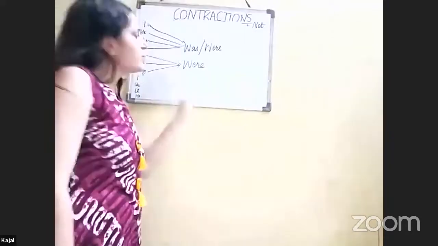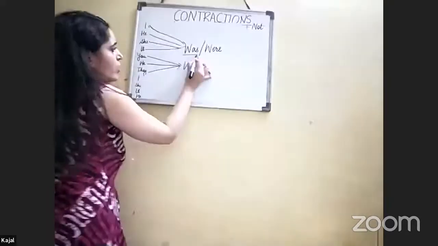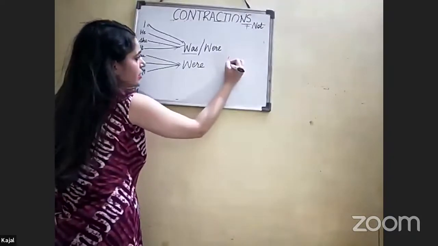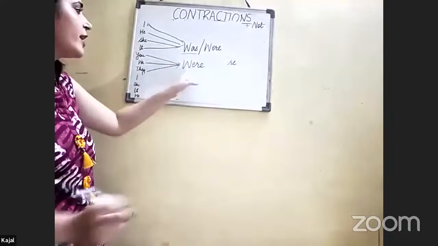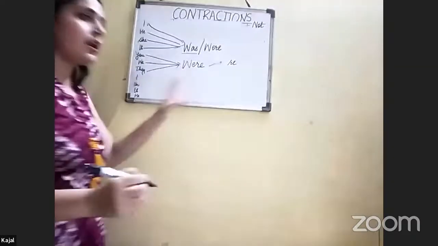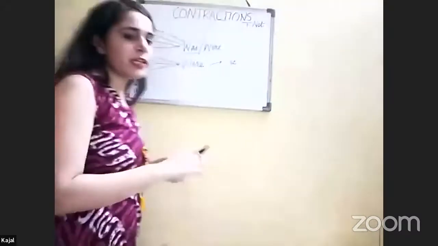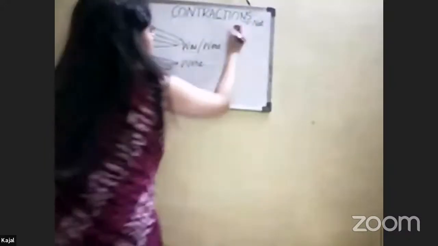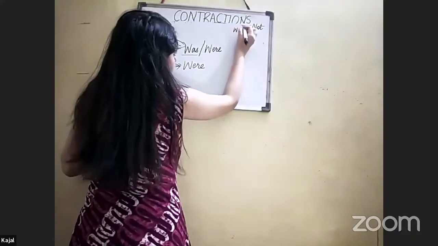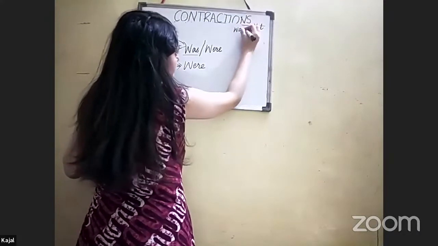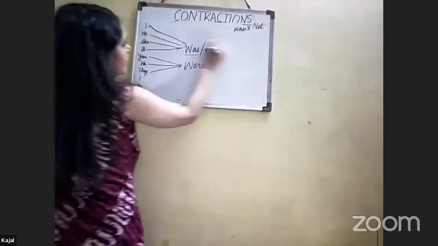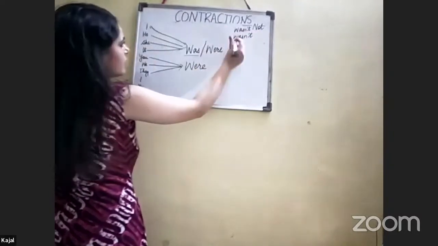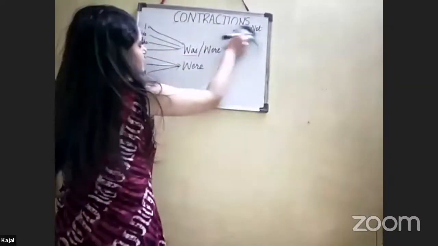We generally don't use any short forms with was, but you are, you were can become the same as are, but they're negatives. We can make the negatives. So for the negatives, again we can do I wasn't, he wasn't, or simply we can write it here.